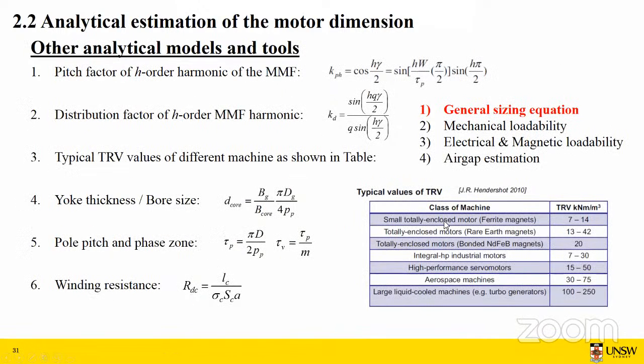From today's lecture, like I said, we learned many other analytical models and tools, like how to calculate the pole pitch factor, the distribution factor, and the typical torque per volume value, yoke thickness, pole pitch, phase zone, and winding resistance. But due to the time limit, I can't go through all of them.